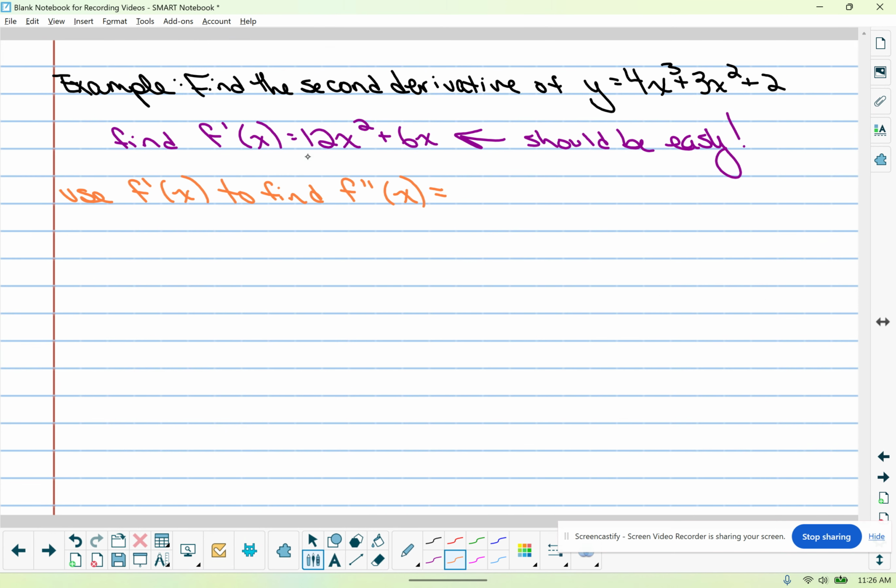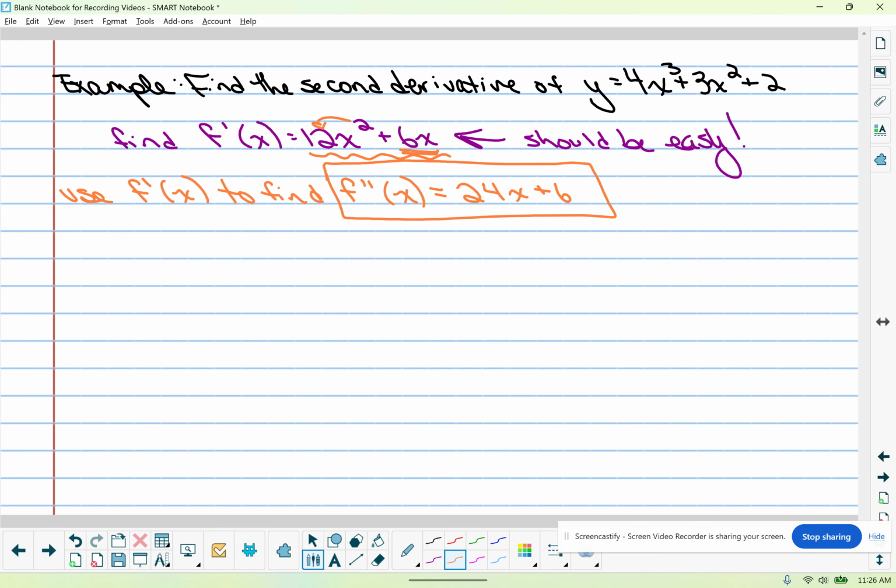So we're going to take the derivative of this. We're going to bring this down and multiply those together. So 24x plus 6, right? This would just be a 6. And so f double prime is equal to that. Okay, that was easy enough, right?